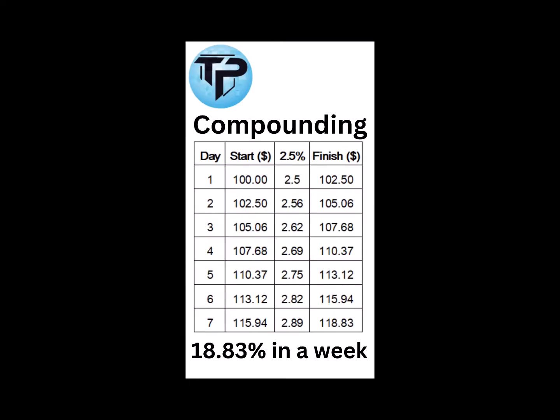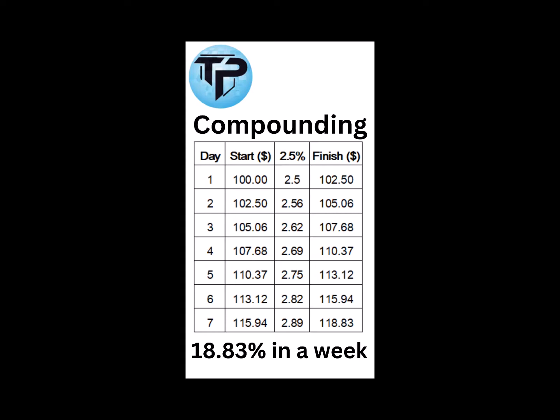Now, let's say on day 1, for example, you start with the minimum amount, $100. On day 1, you make 2.5% of that, you've just made $2.50 in USDT. When the day finishes, you'll be on $102.50.